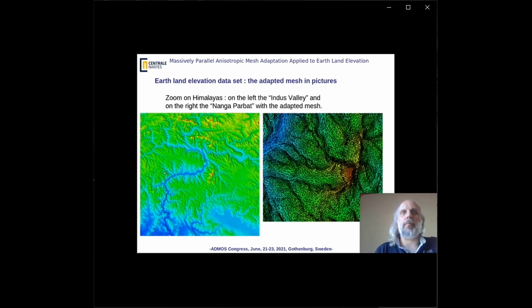If we zoom on the Himalayas, we can see on the left the Indus Valley, and if we zoom on the Nanga Parbat mountains, we can also plot the mesh to see what kind of adapted mesh we obtain, and we have these details everywhere at Earth scale.